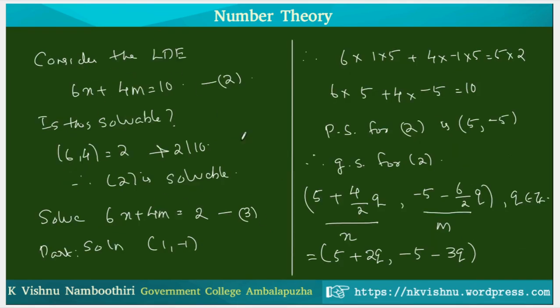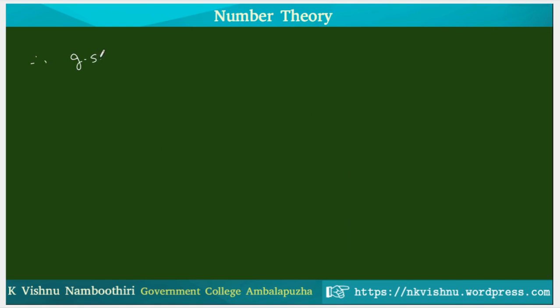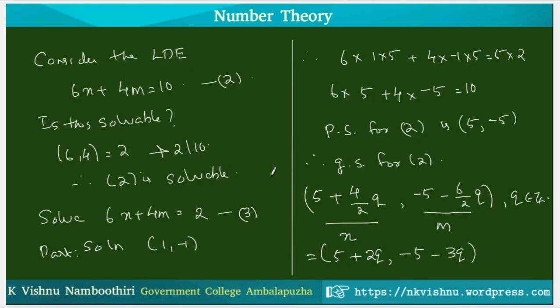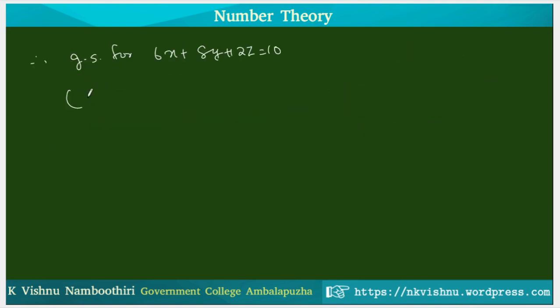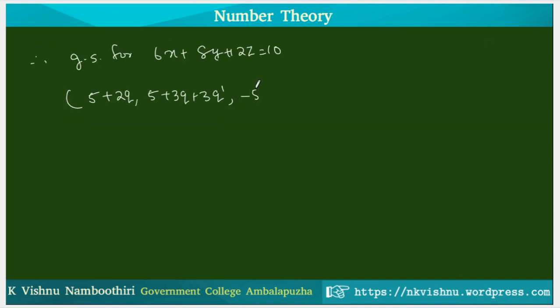Already we have x equal to 5 plus 2q, therefore the general solution for the original equation 6x plus 8y plus 12z equal to 10 will be: x is 5 plus 2q, y is 5 plus 3q plus 3q dash, and z is minus 5 minus 3q minus 2q dash.